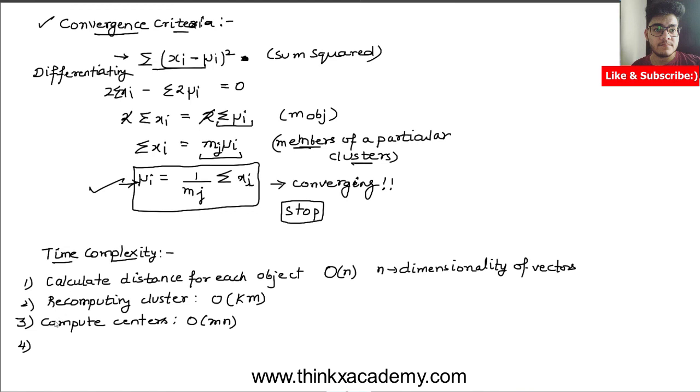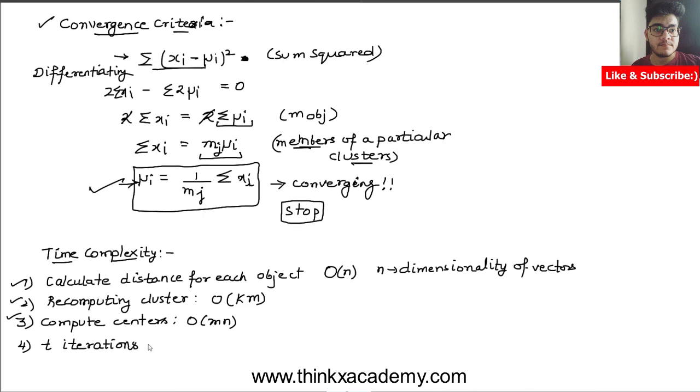The last one is, assuming that these steps are done for t iterations, right? We are doing all these steps 1, 2 and 3 for t number of iterations, and we know that after each and every iteration the algorithm will start decreasing monotonically.